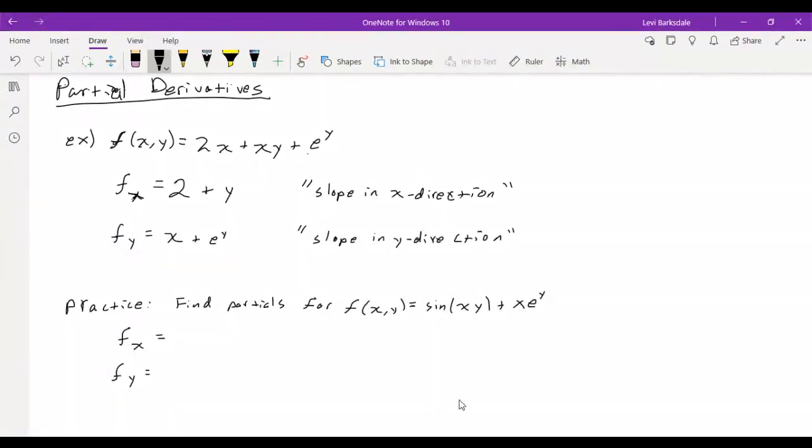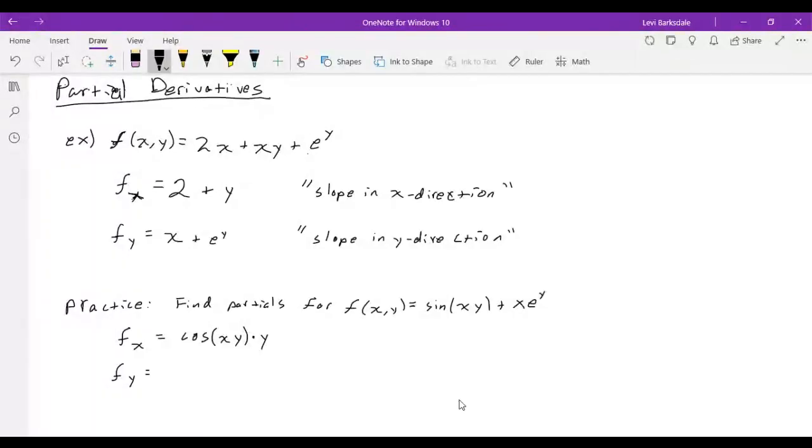All right, let's go ahead and double check that really quick. If we were to take the x derivative, well, derivative of sine of xy, we treat the y inside like a constant. Derivative of sine of u is cosine of u times the derivative of the inside. So we would have cosine of xy times the derivative of xy. Derivative of xy with respect to x, treat y like a constant. Derivative of x times y then would just be y.